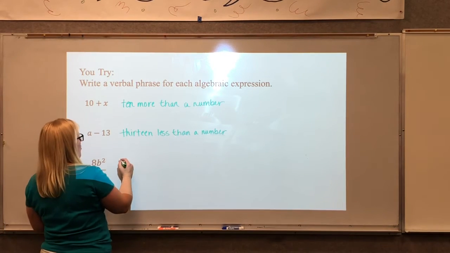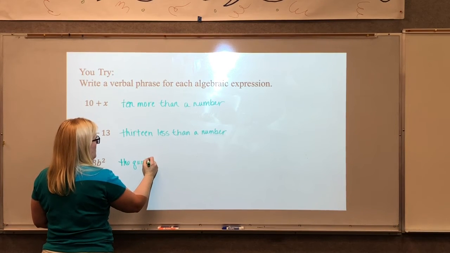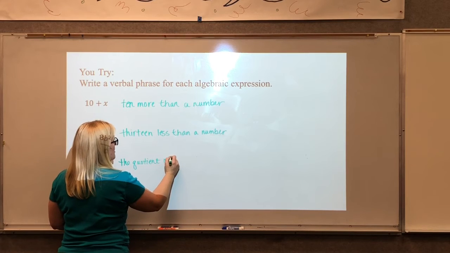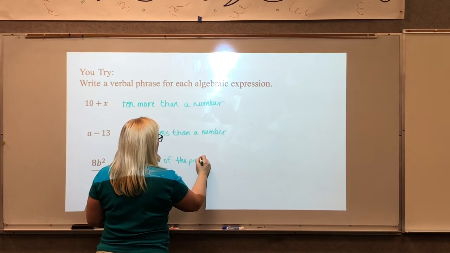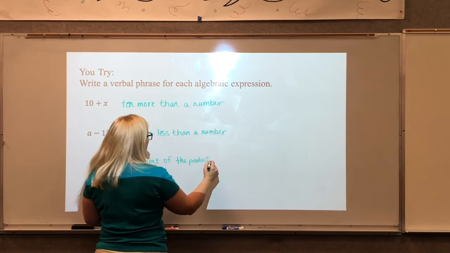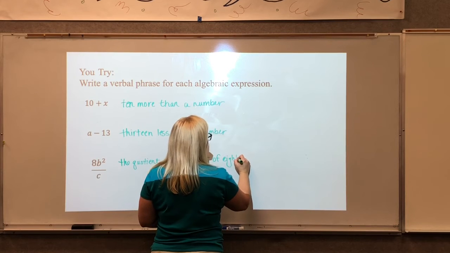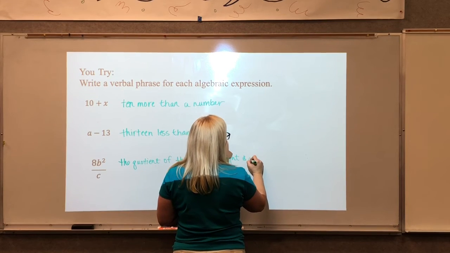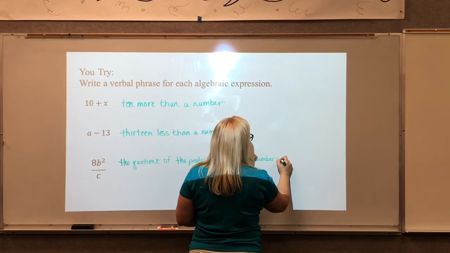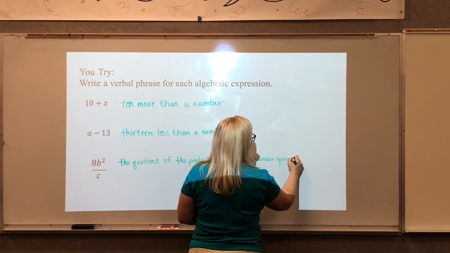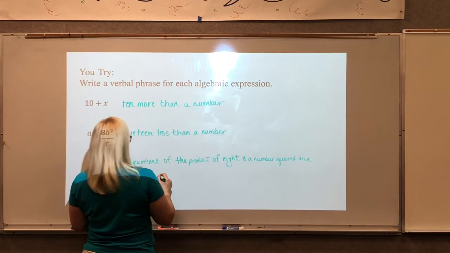So this is the quotient of the product of 8 and a number squared and another number.